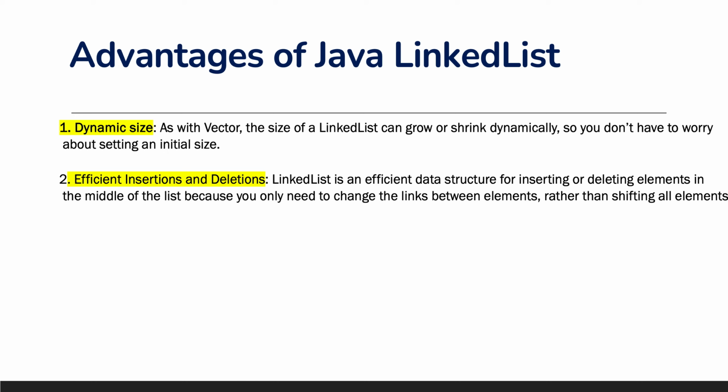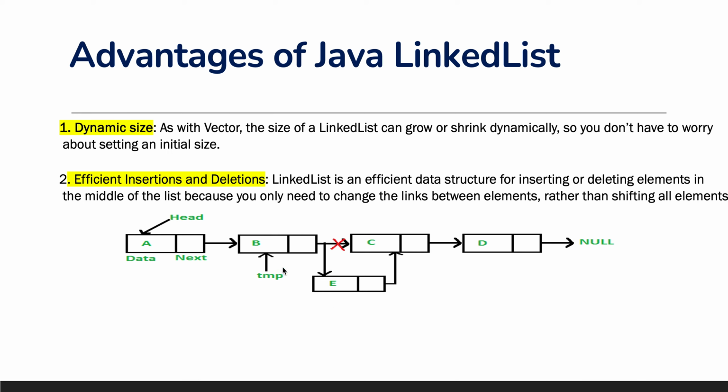Internally it uses the linked list data structure, which is in the form of nodes, where each node has data and next. Data stores the actual value, and next is going to store the pointer of the next node. So we just need to change the pointer of the node. So in case of insertion or deletion, linked list will be faster than the existing array list class.